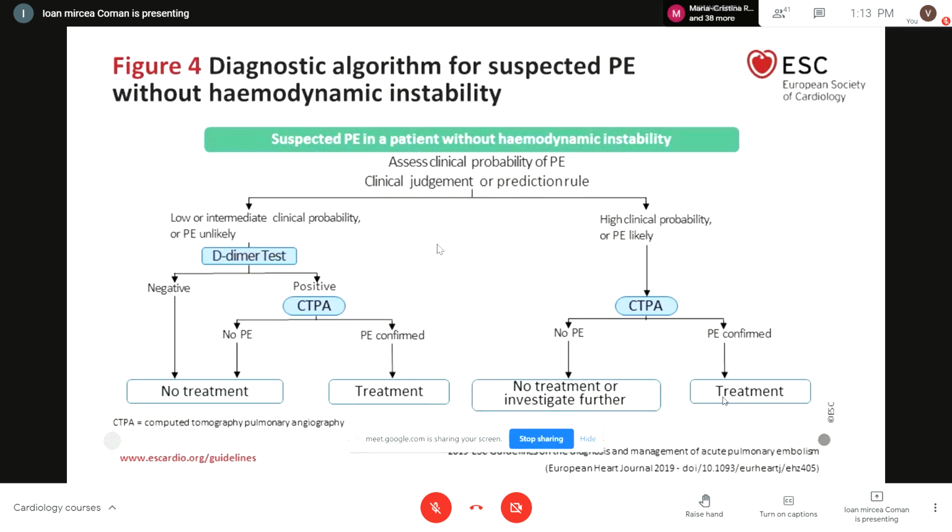We shall check for other conditions giving him symptoms. If the D-dimer test is positive, then of course we shall do the CT, because I told you CT is almost compulsory in this condition. And of course, the CT is the first one, without D-dimer testing, in a patient who is stable but has a high clinical probability, with a Geneva score of more than 3.